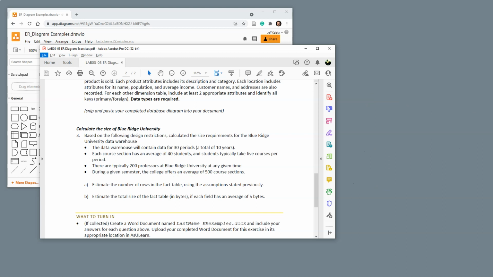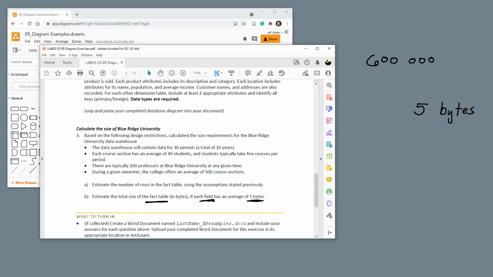Perfect. Now we want to look at the total size of that fact table. We know that we have 600,000 records, and now we have to figure out how much data one record holds. Each field has an average of 5 bytes. We want to know how many fields that ends up becoming. Let me show you where that information comes from.